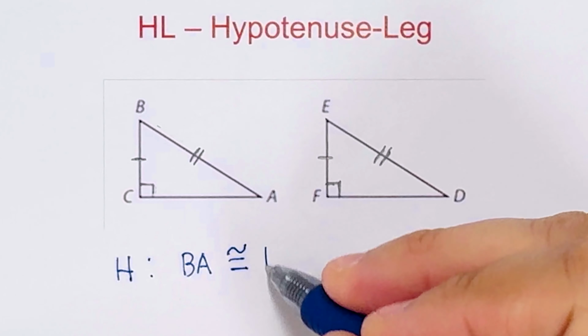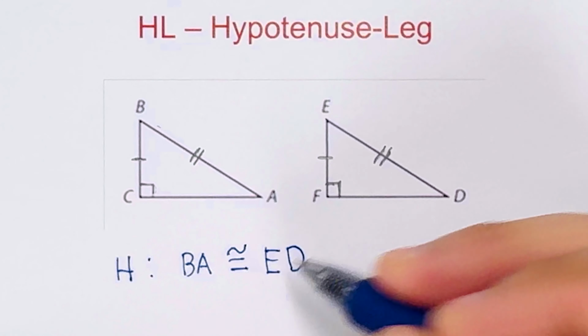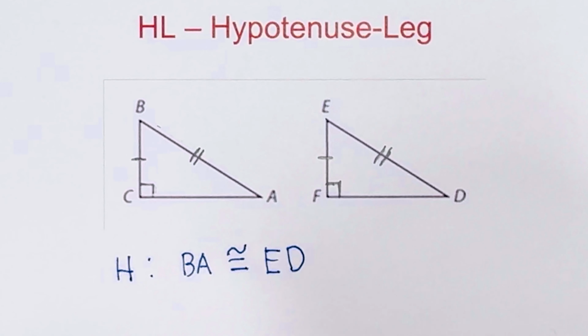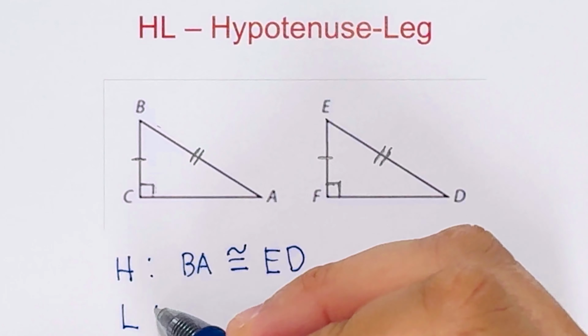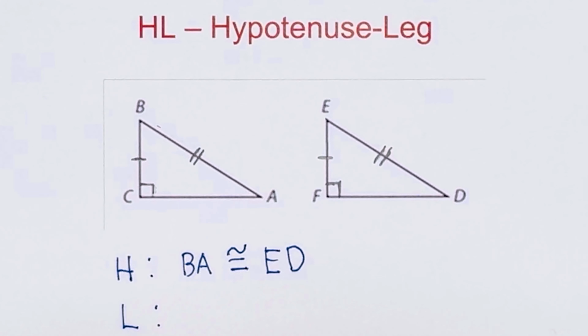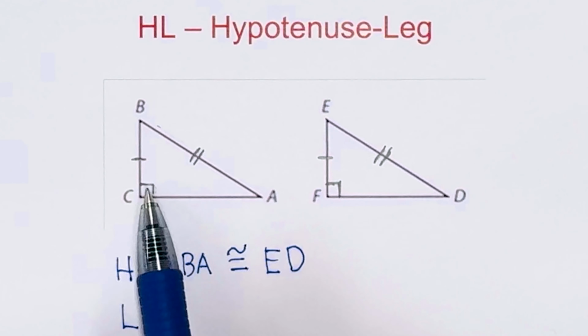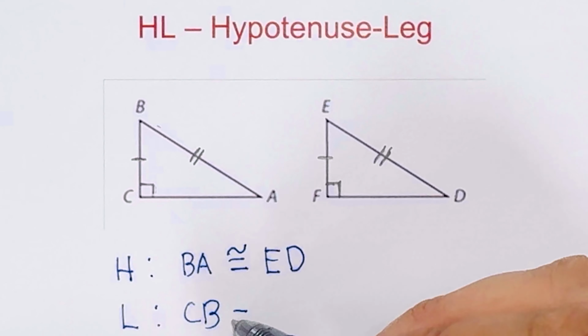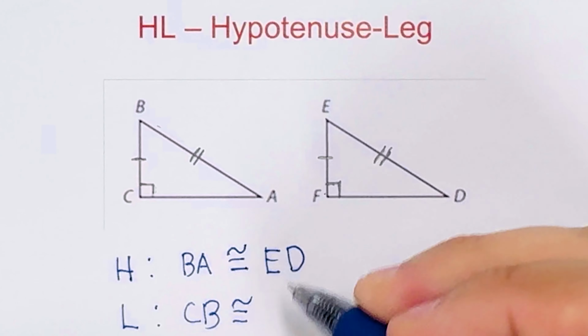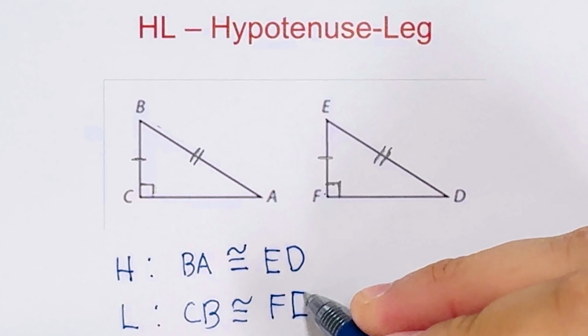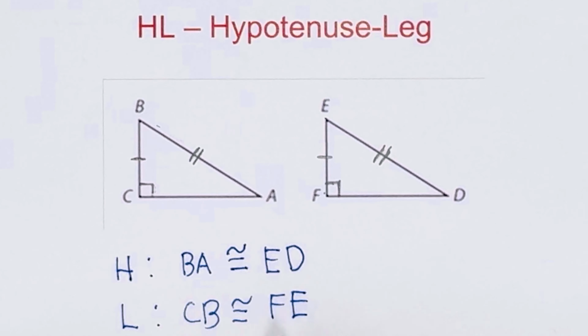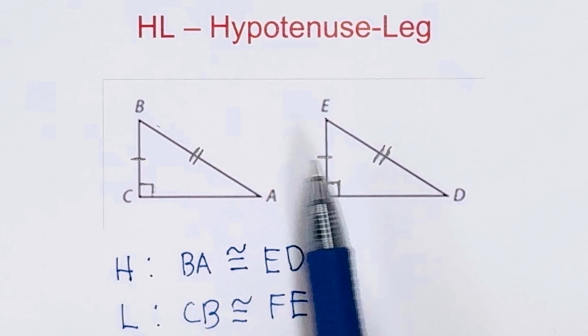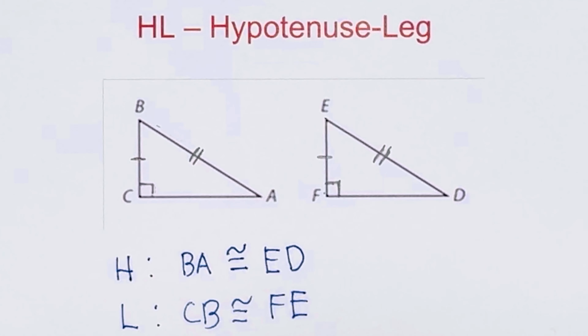ED. Okay, so BA is congruent to ED and that is the hypotenuse. Let's identify the corresponding legs that are congruent. So we have CB is congruent to FE.